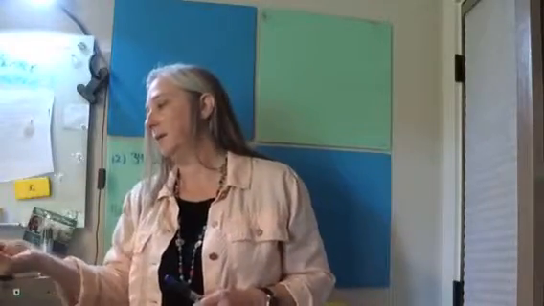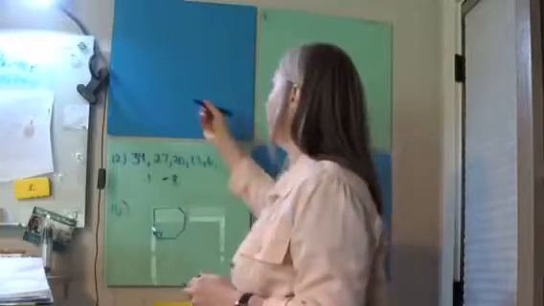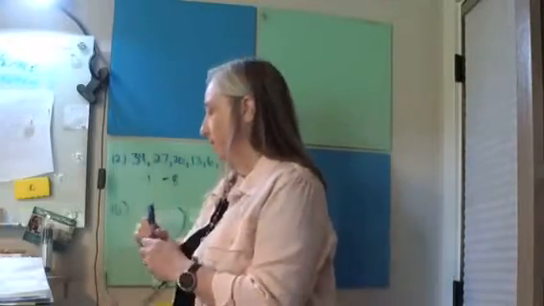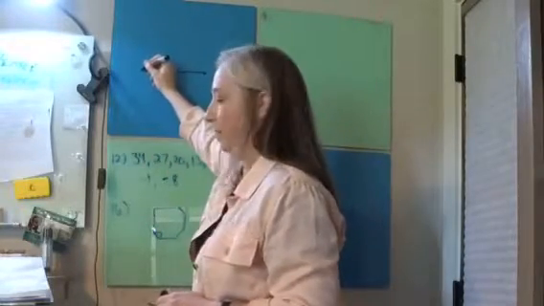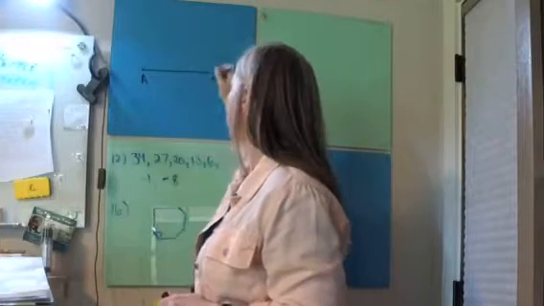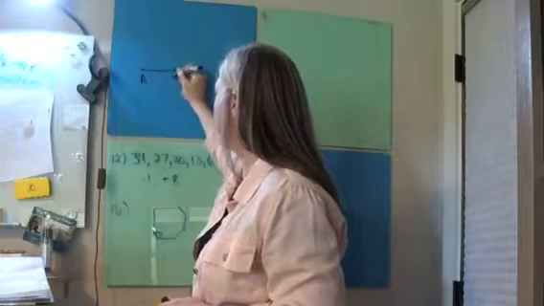Number 29, they gave you a line segment, and use a different color. You had the line segment AC, and there was a B in the middle.